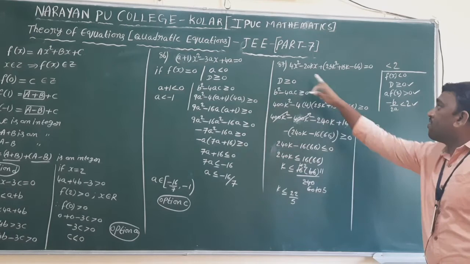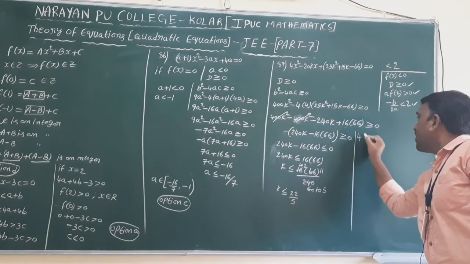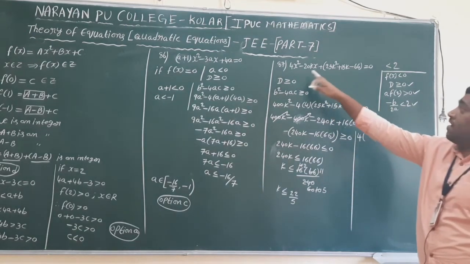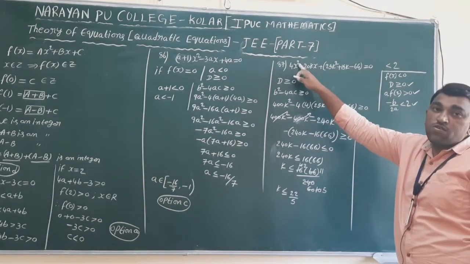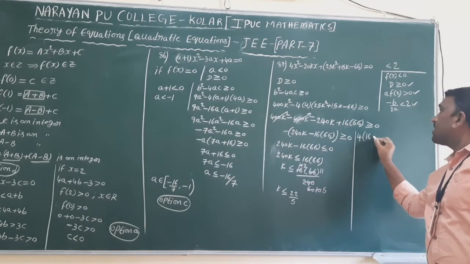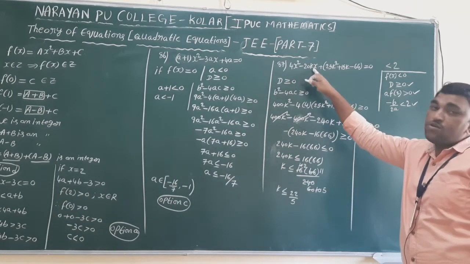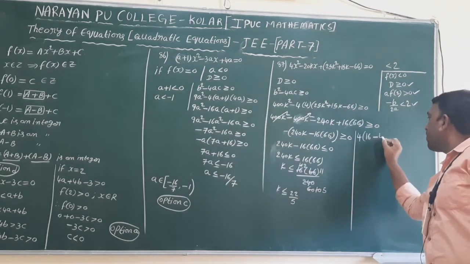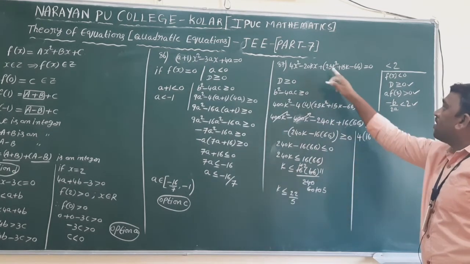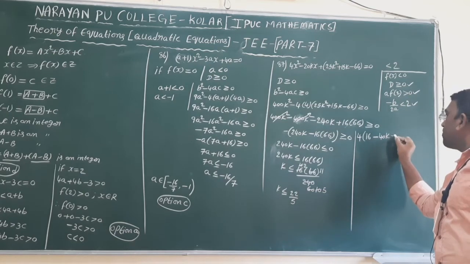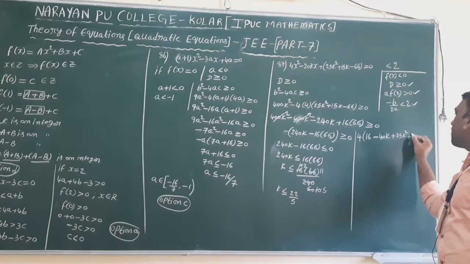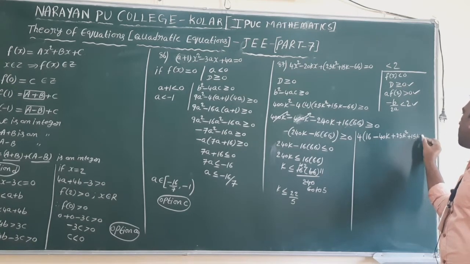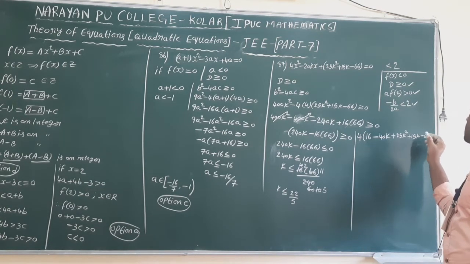a into f(2). a value is 4, so 4 into f(2) value. Wherever x is there, 2 substitute. 4 into 2 square is 16, minus x value 2 into 20k, that is 40k. Here x is not there, directly we can simplify: 25k² + 15k − 66 is greater than 0.